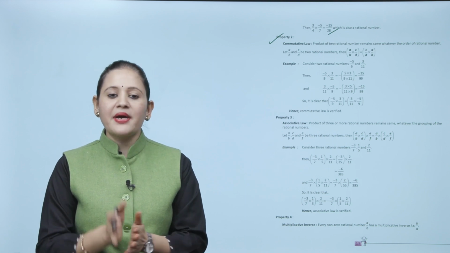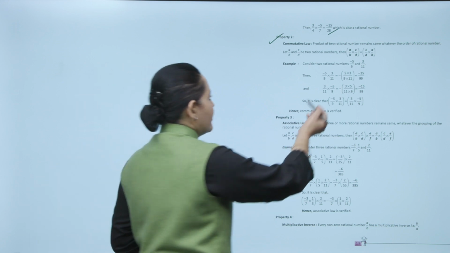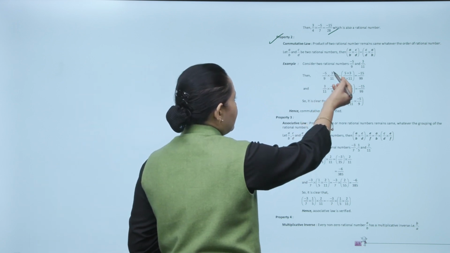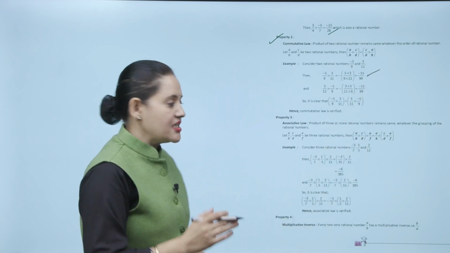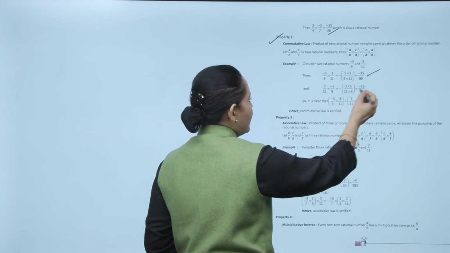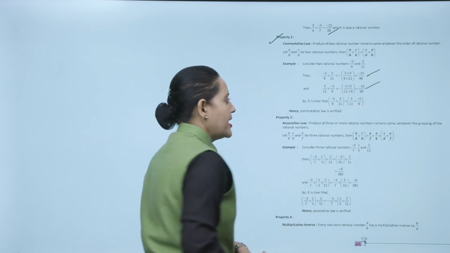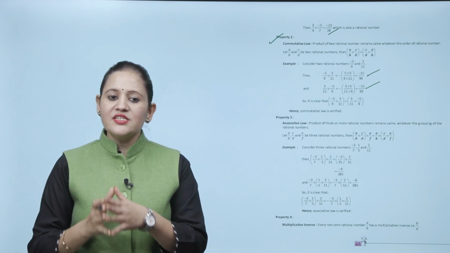Consider two rational number minus 5 upon 9 and 3 upon 11. Minus 5 upon 9 into 3 upon 11, that is minus 15 upon 99. Now if we change the order, 3 upon 11 multiplied by minus 5 by 9, again the product is same, minus 15 upon 99. Hence commutative law is verified.